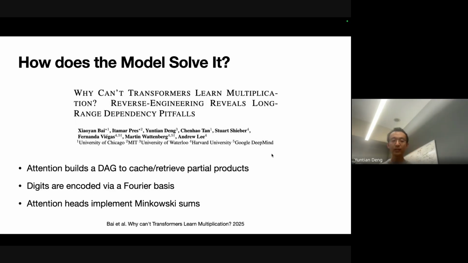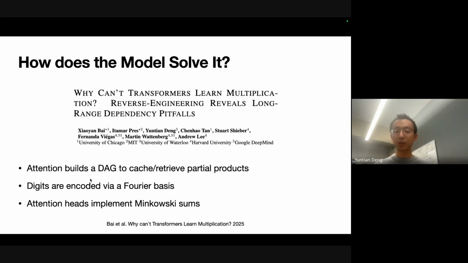In this work, we answer this question by doing a bunch of probing analysis, and due to time limit, I won't be able to get into all the details. But basically, the finding is that it's mostly through attention that the model figured out a way to solve these multi-digit multiplication problems.